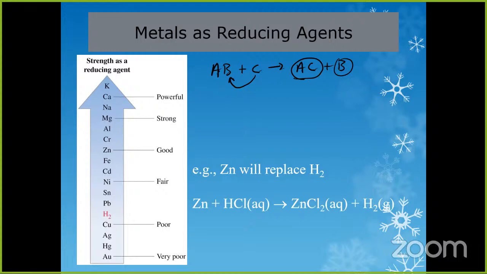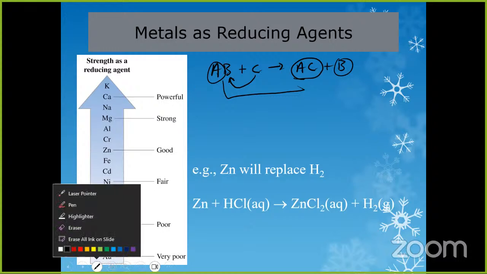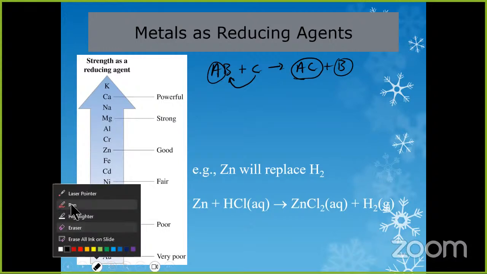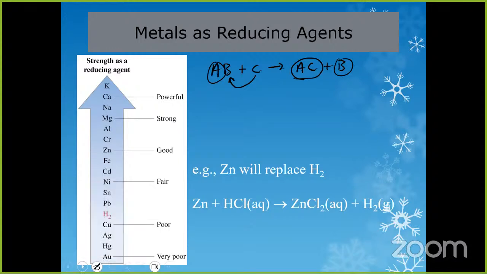Where you're going to observe that A undergoes, no, not A, I'm sorry. B undergoes, let me erase this here, I'm sorry about that. Basically, in this particular type of reaction, B undergoes reduction, right?